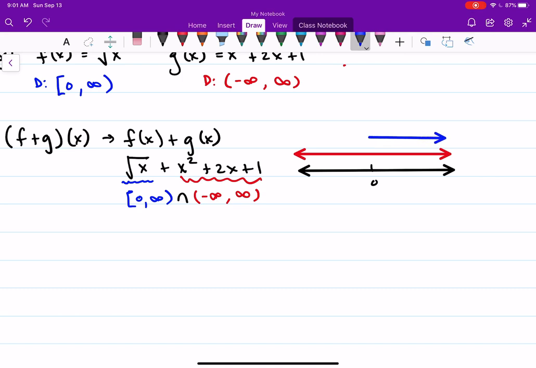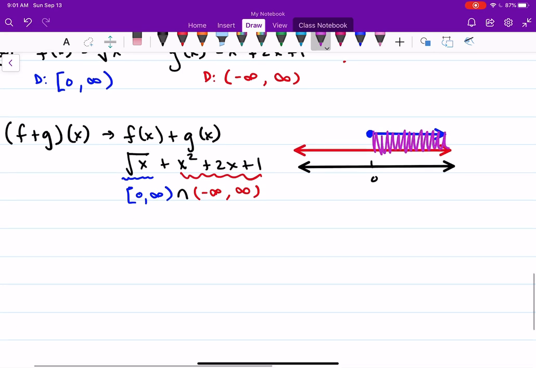And this is going to be a closed circle here, right? All right, so intersection is what they have in common. Well, what they have in common here would be this part right here, everything from 0 all the way to infinity. So therefore, the domain here would be from 0 to infinity. Okay.